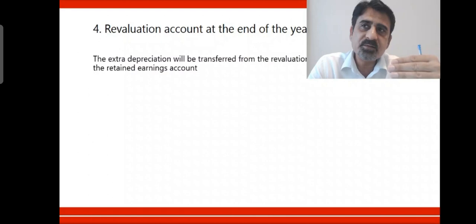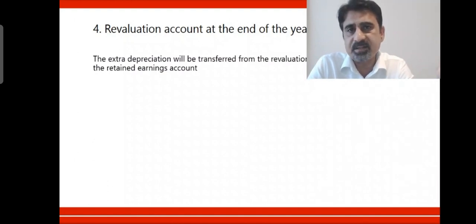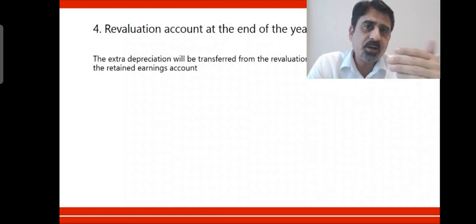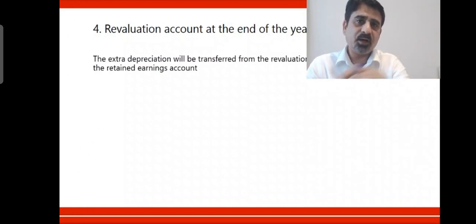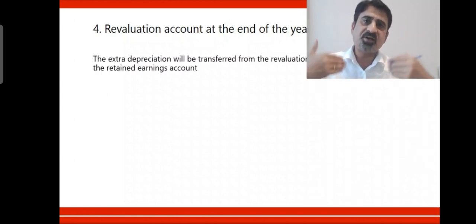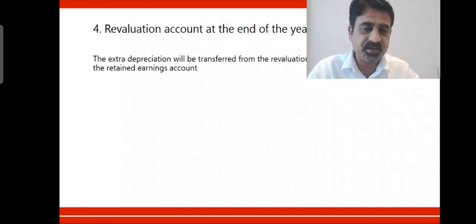So I have to somehow transfer it from revaluation surplus to retained earnings so that they can take out dividends. So whatever the extra depreciation is, 3,571, every year that 3,571, which just came as a result of revaluation, we take out from the revaluation account and transfer it to retained earnings, and from retained earnings shareholders can take it as a dividend.